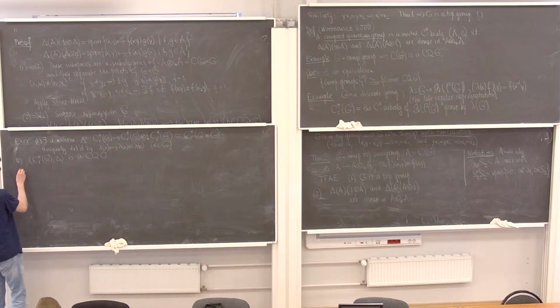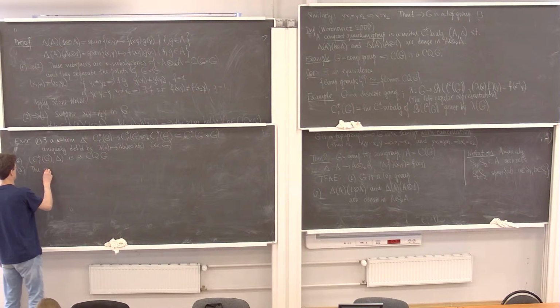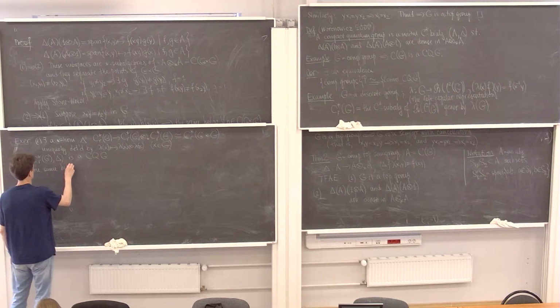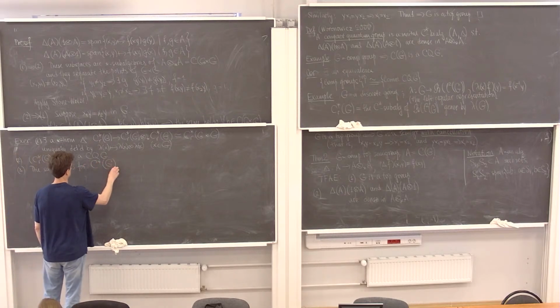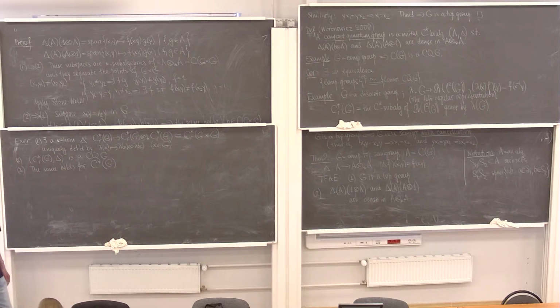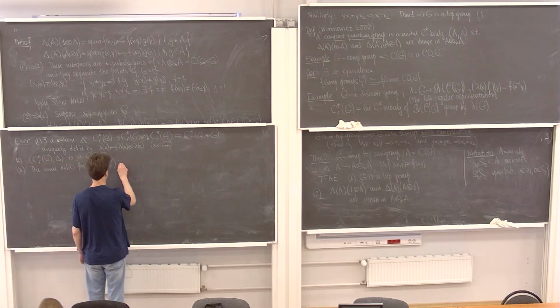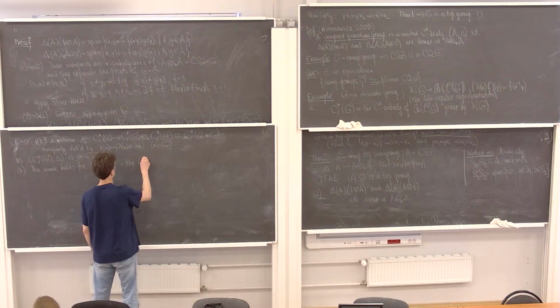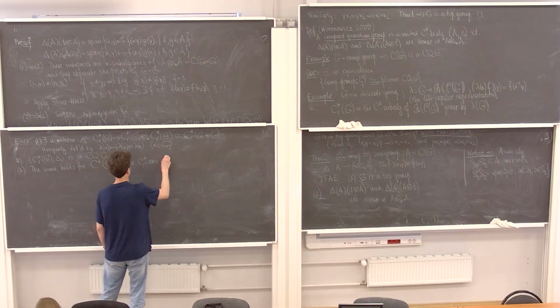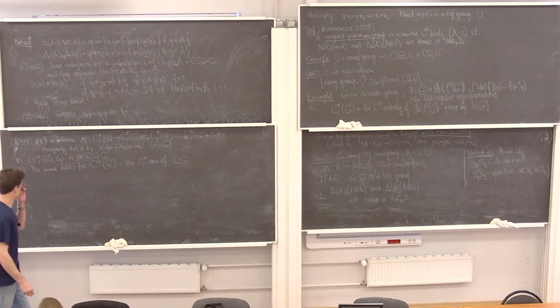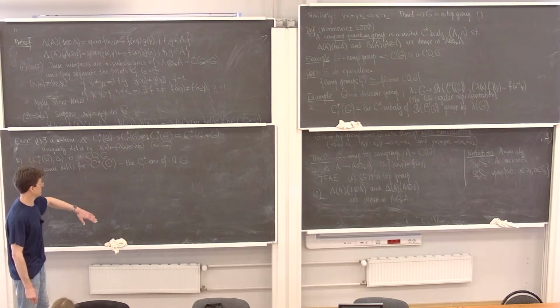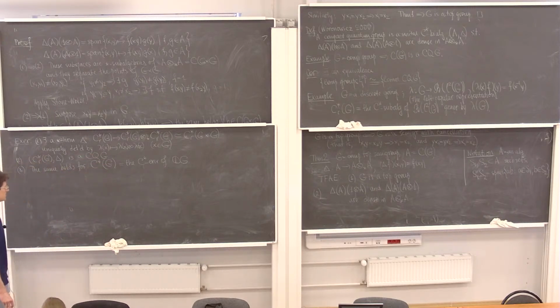And the same result holds for the full group C-star algebra, C-star of G, which is defined to be the C-star envelope of the group algebra of G. So both the full C-star algebra of G and the reduced group C-star algebra of G are compact quantum groups.